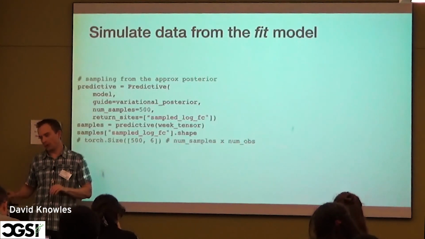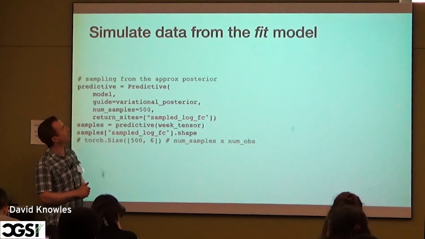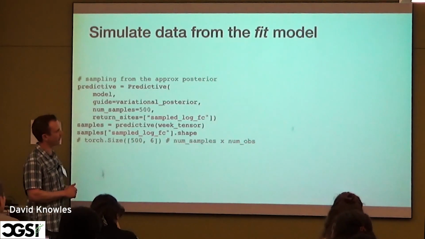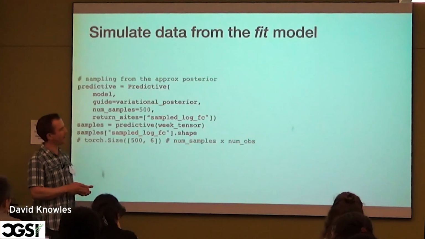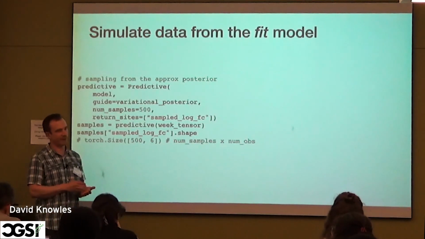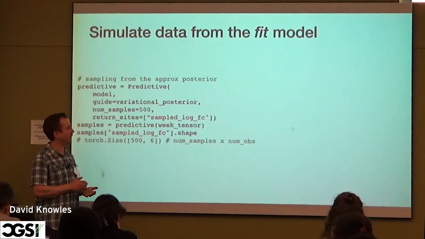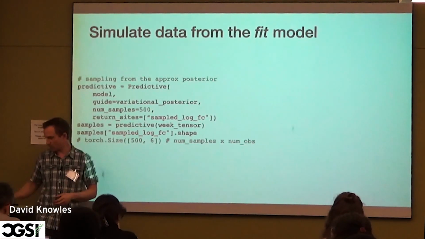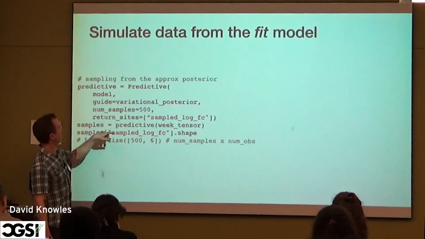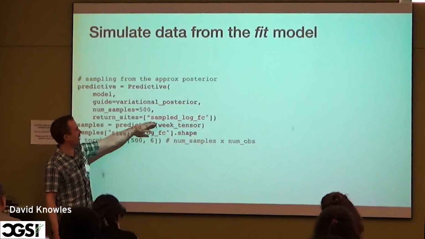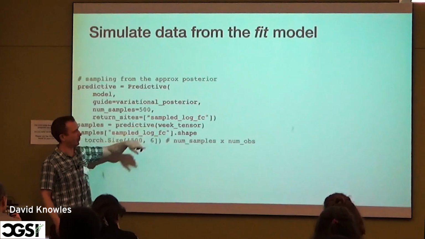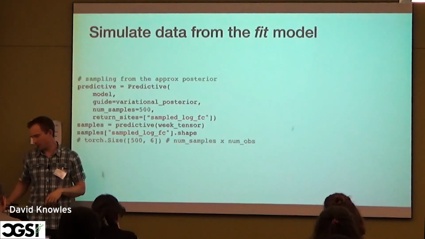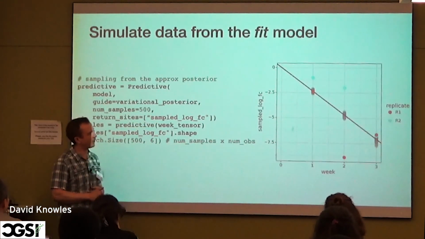One other nice thing you can do, since we have a generative model, is simulate from the model, now that we've fit it, and see if the data you get from that simulated model matches what you see in the real data. The only thing you had to do in this predictive function was change the return sites to the sampled log fold changes. You can then plot what the data looks like.